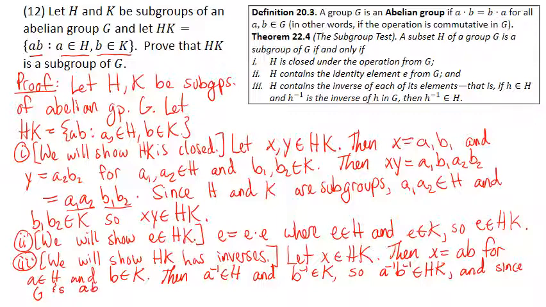Like trying to write on top of the controls. Since G is abelian, A inverse B inverse equals B inverse A inverse, which is the inverse of AB. Okay, so that means that the inverse of AB is in HK.